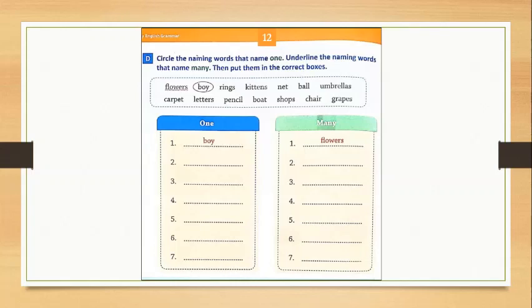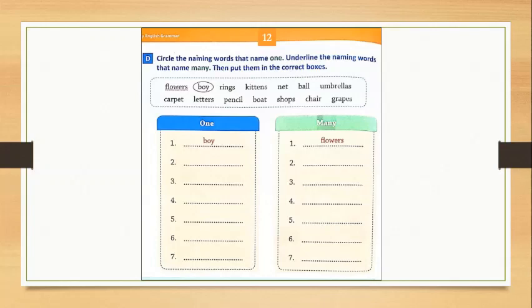The first two examples are done for us. Flowers is a naming word for many. So flowers is underlined and put in the second column. Boy is a naming word for one. So we circle boy, put it in the first column.